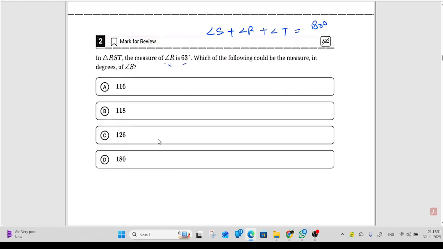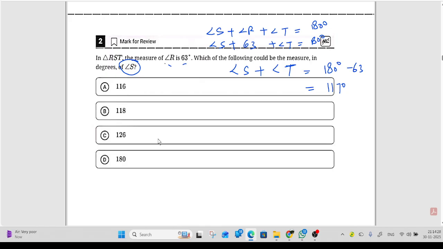One angle is given, which is angle R. This is 63. This is angle S. Angle T is equal to 180. So I can find the sum of angles S and T by subtracting 63 from 180, which is 117. Since both S and T must be positive, an angle in a triangle cannot be negative or 0. So basically, you have to find the measure of S.